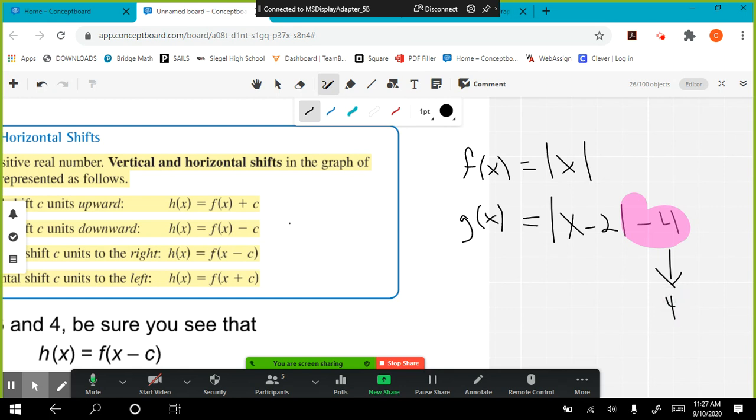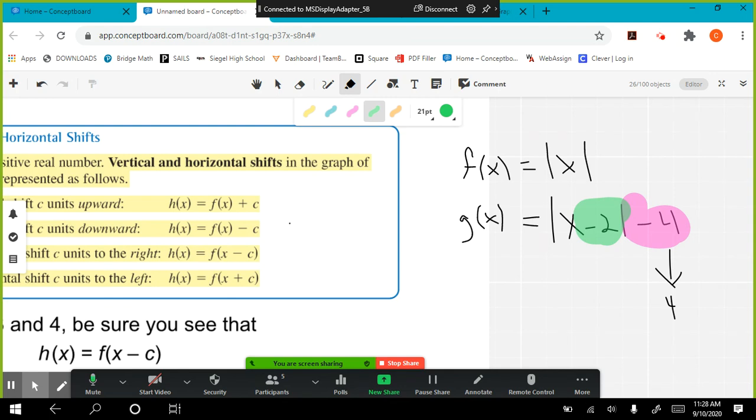Now, inside the absolute value right here, this part right here, that's like I'm taking and subtracting 2 from x. What's that going to do? Is that going to shift it left, right, up, or down? It's going to shift it right, correct?